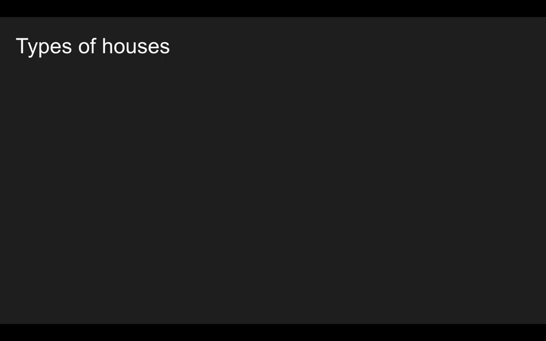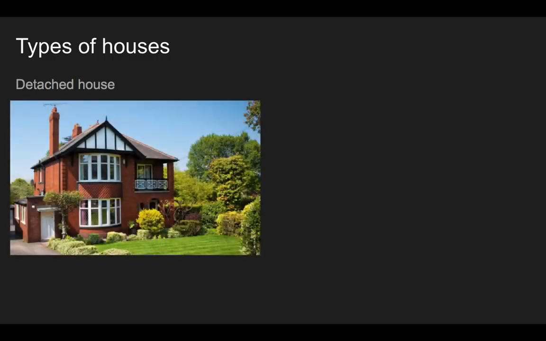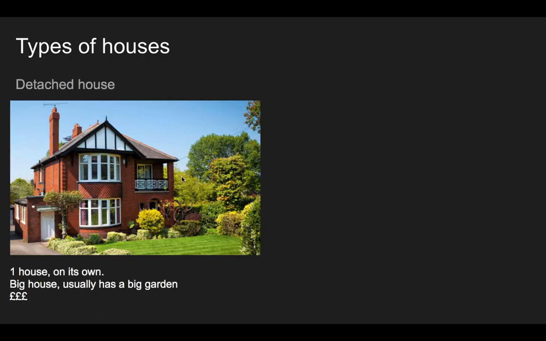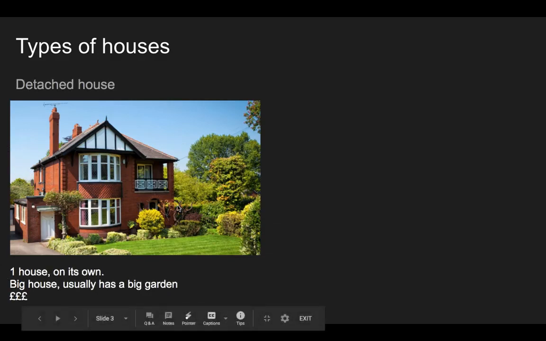Okay, so let's start with houses. Different types of houses in the UK. First, we have the detached house, which looks a bit like this, which is one house just on its own. There are no other houses, no neighbours. It's usually a big house, maybe 2 floors, 3 floors even.